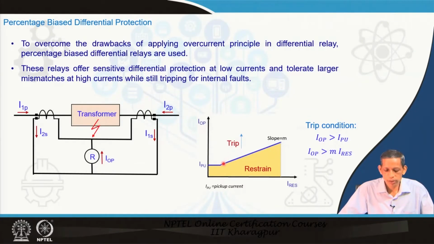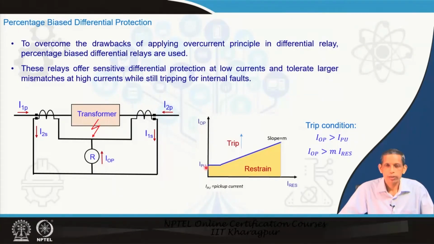So, what we have shown here is a slope, and this slope maintains the approach: what is that restraint current, and how much the corresponding slope should be. Rest of the details we will have in the next subsequent slides.